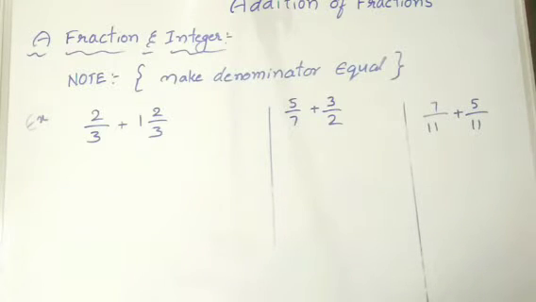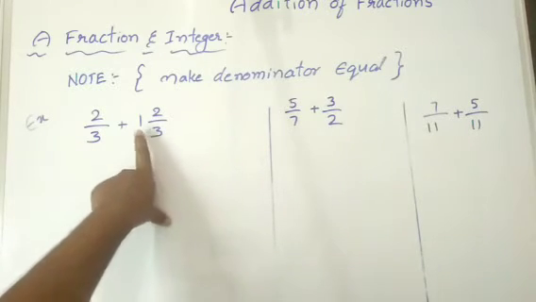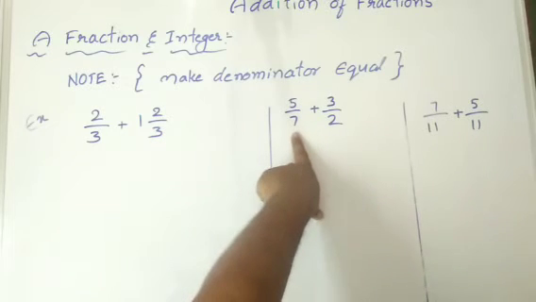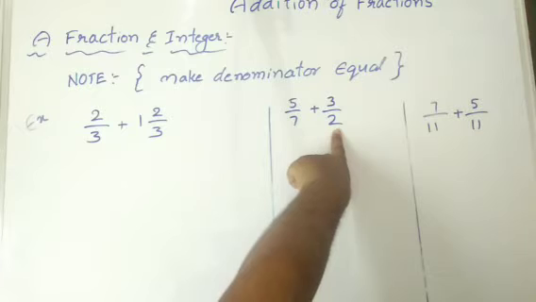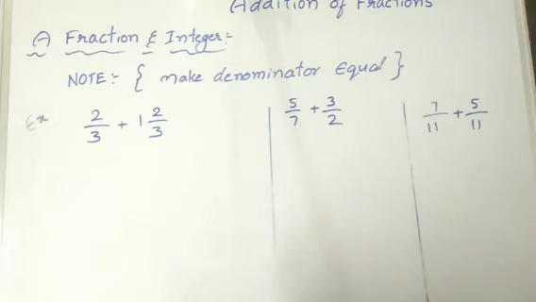Next I take 3 examples. In IIT they won't ask such easy questions, but they will ask for results. By seeing the question only, you should be able to give the answer in a short duration. Suppose here I have taken 3 different examples. Here the first one is a proper fraction and an improper fraction, the second is a proper fraction and an improper fraction, and the third is a proper fraction and a proper fraction.